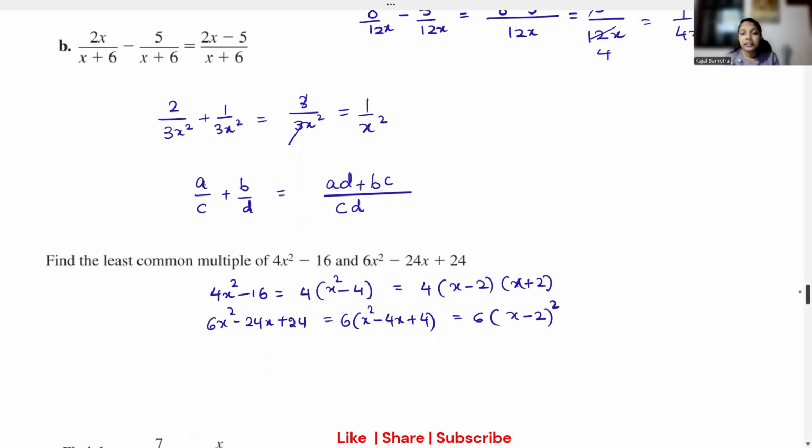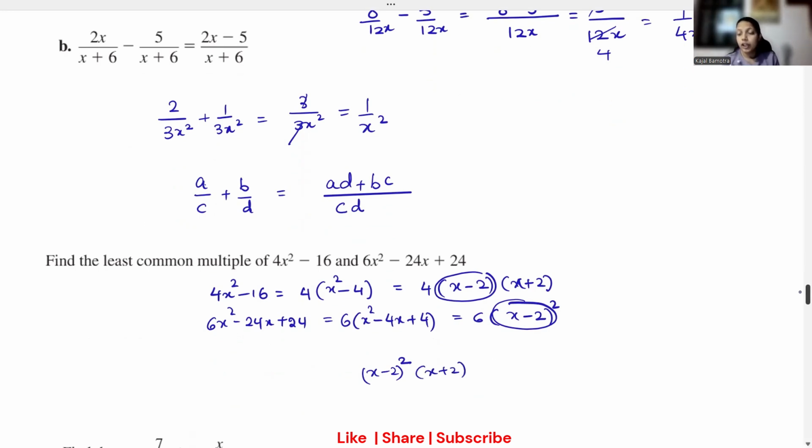To find the least common multiple, for the term which is common, check its highest power. x minus 2 is common, and I write only one with the highest power, 2. x plus 2 is not common, write it down one time.